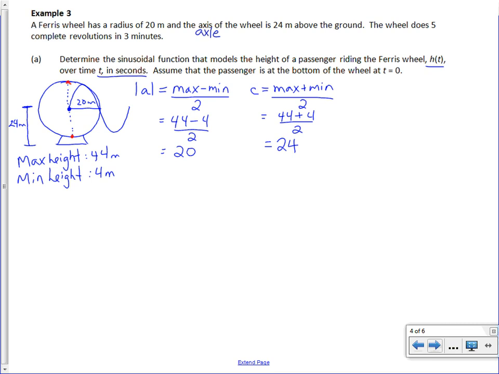Is that what we want? 3 divided by 5 will be the time it takes per revolution. That's what we want, time for one revolution. So to get the period, it's going to be time, 3 minutes, over 5 revolutions. That's 0.6 minutes per revolution. Isn't that the definition of period, guys? How much time it takes for one revolution, one cycle?